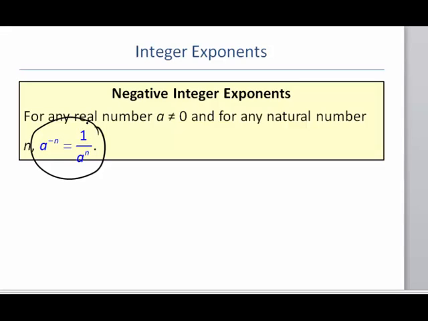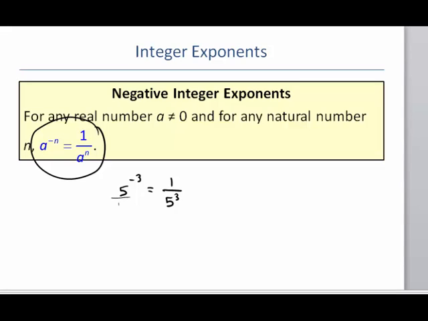So if we have a problem that has, say, 5 to the negative 3 in it, then what this statement is saying is that if we write this as a fraction, and we take this 5 to the negative 3, right now it is in the numerator of a fraction because it's over 1, if we move it down to the denominator, then the exponent becomes positive.